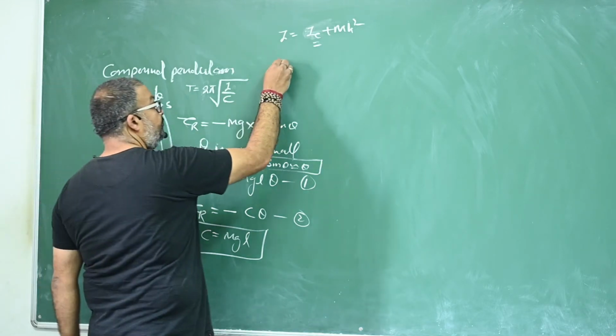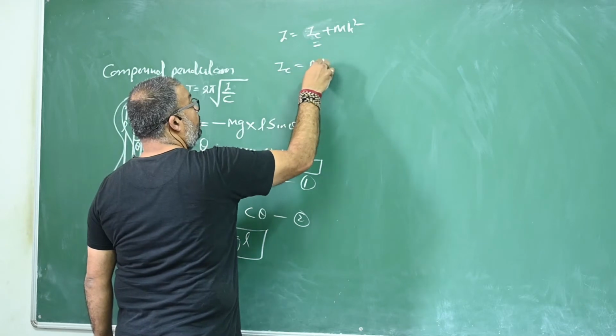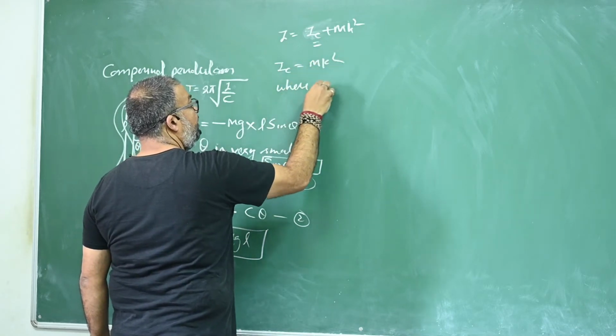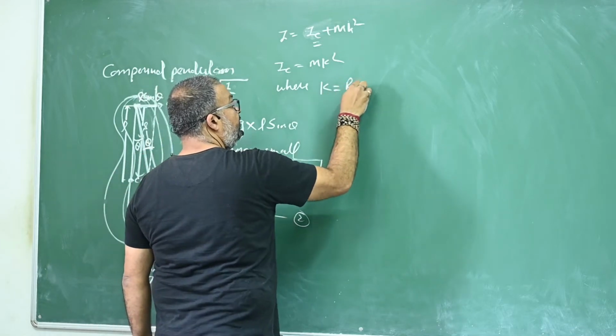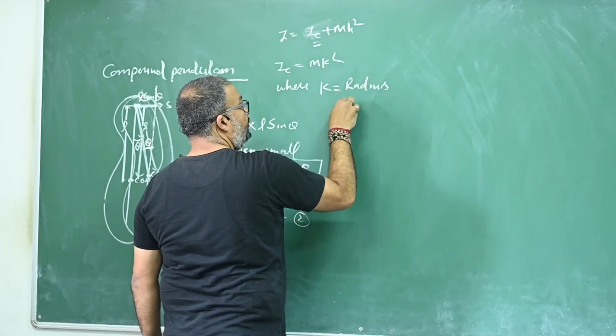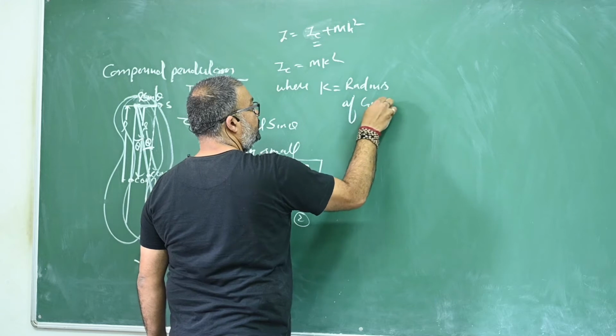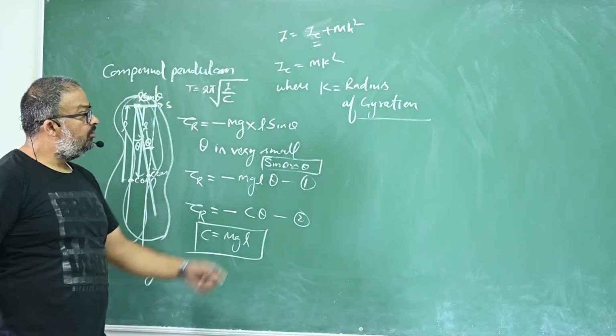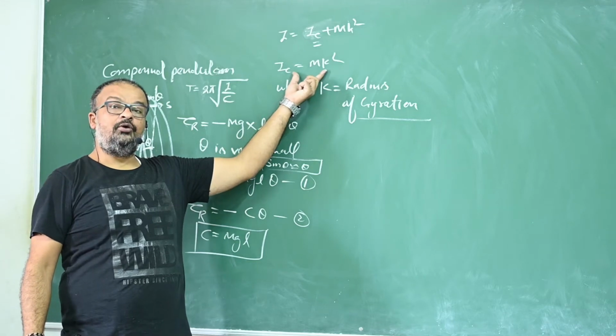So IC can be written as mk square, where k is the radius of gyration. Yes, we have already talked about this in rotational motion, right?